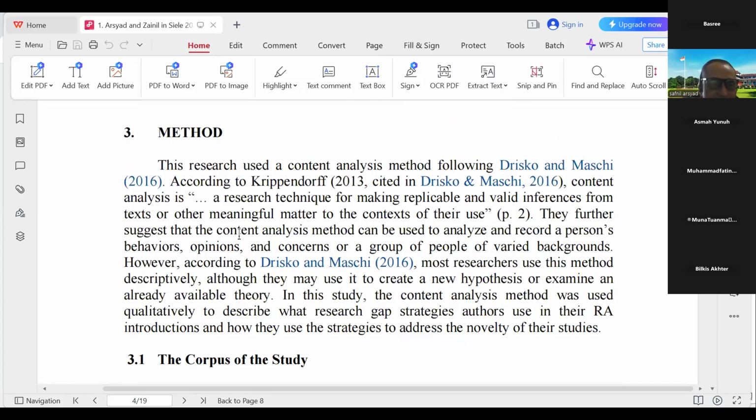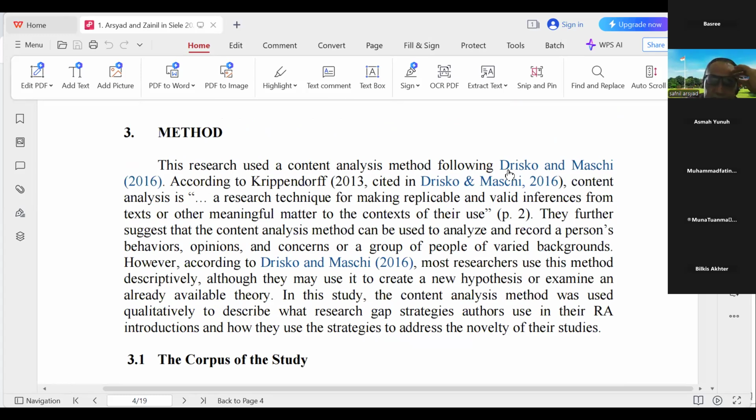Here I state the method at the beginning of the method section. This research uses a content analysis method following Driscoll and Masji. I support the choice of method, content analysis, by following someone.